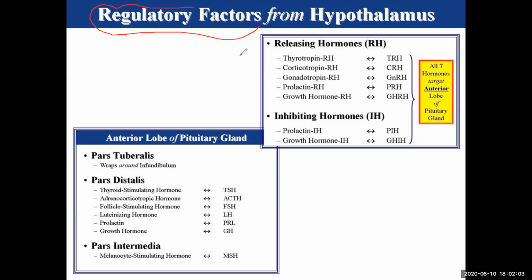These are chemical messengers produced and released by the hypothalamus. And of the regulatory factors, we have two types. We have the releasing hormones, RH, and we have the inhibiting hormones, IH. So let's start with the releasing hormones.